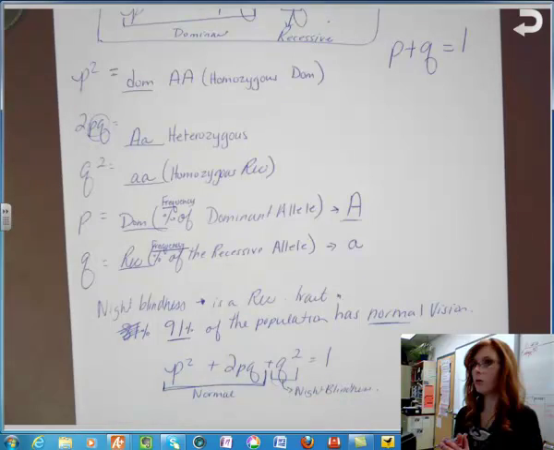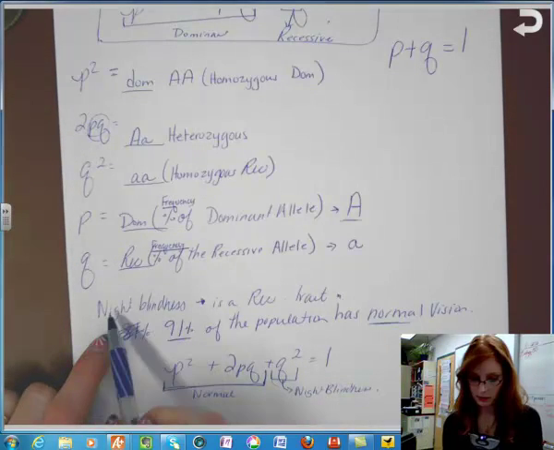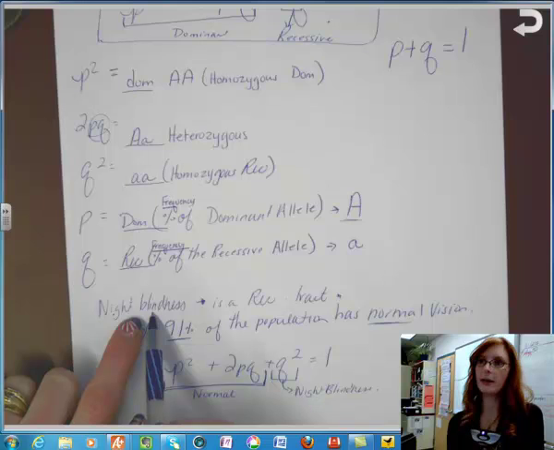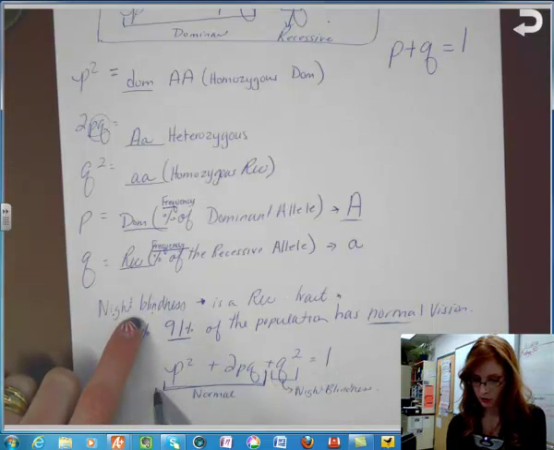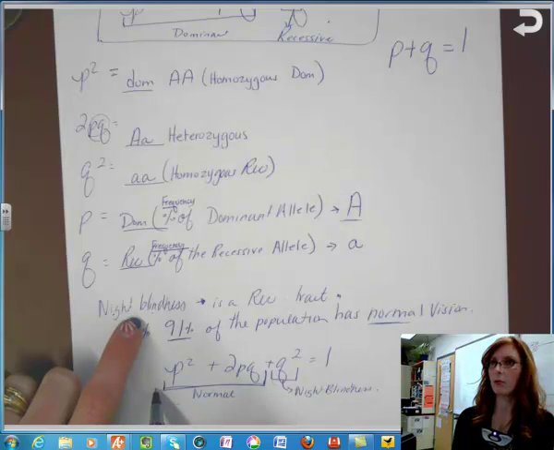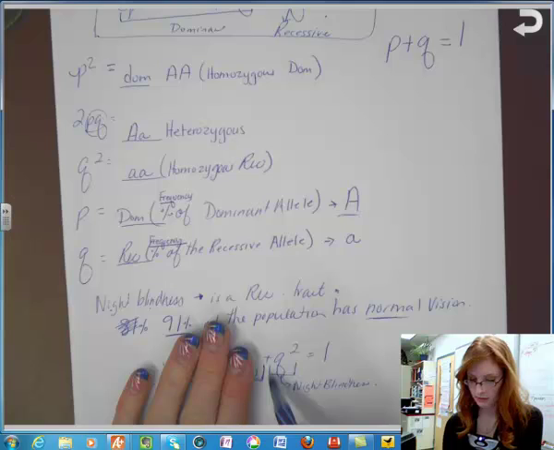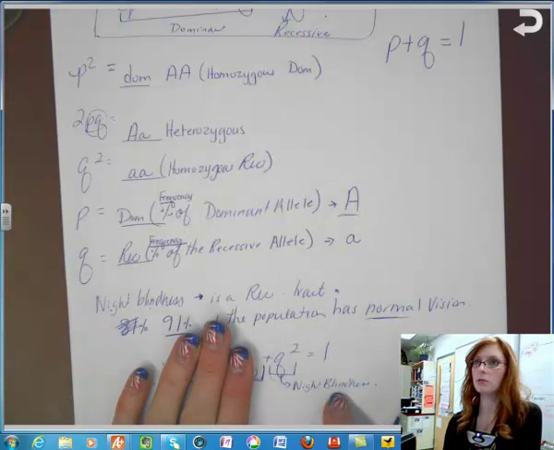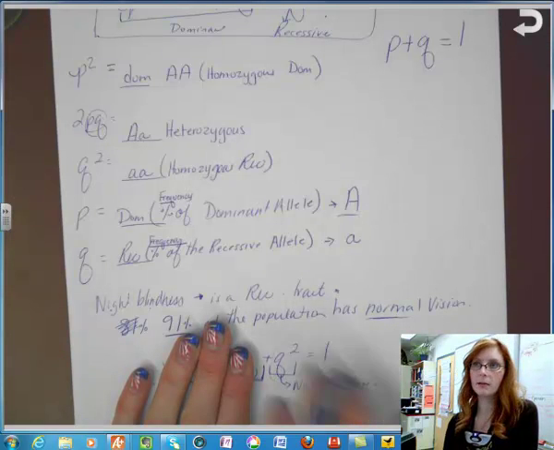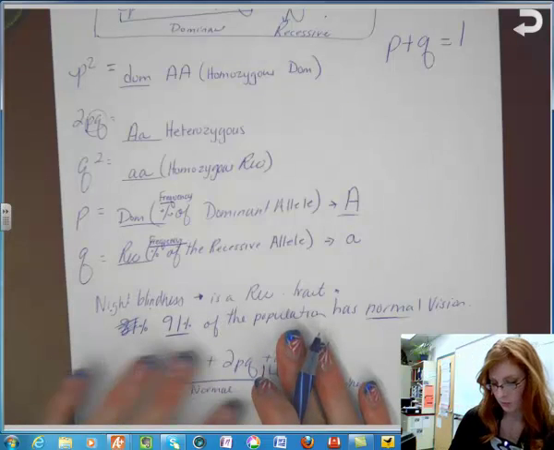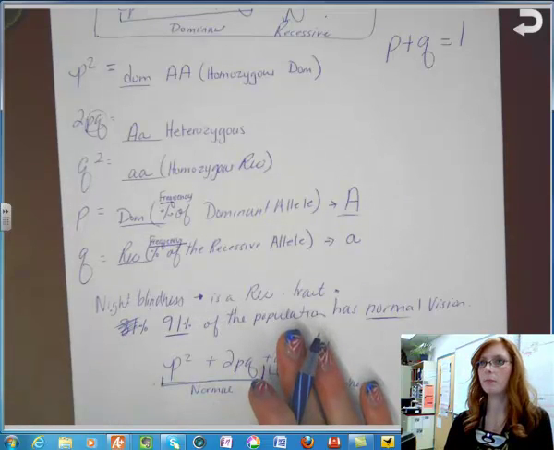So all I'm doing in the question here is going back to this information. I said night blindness is a recessive trait. I just rewrote this equation because we have to use it in every single Hardy-Weinberg one. And all I'm saying is that if I know it's a recessive trait, I know that that's what this means. Q squared is about night blindness. The rest of these people here, these percents, are going to be about normal vision people.